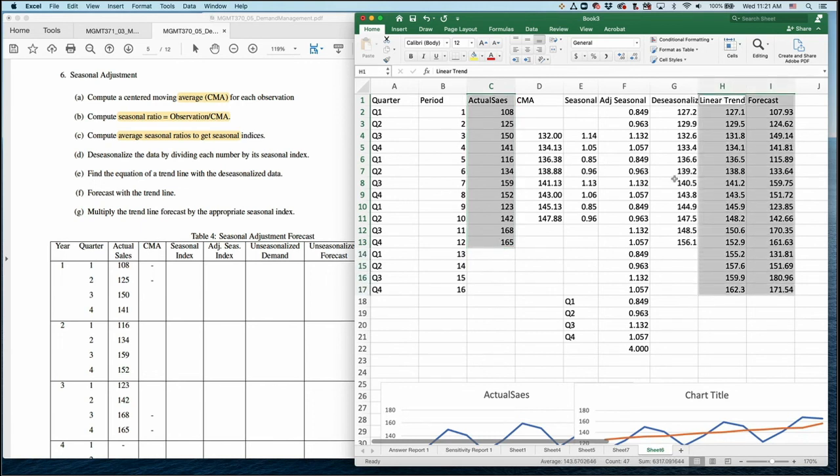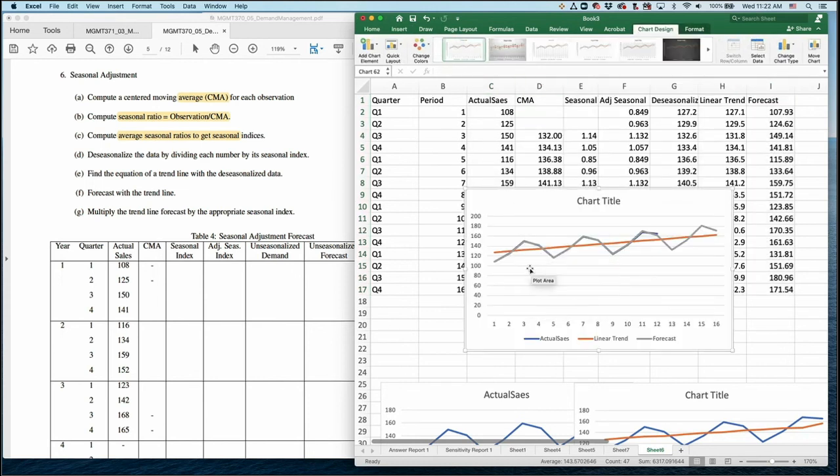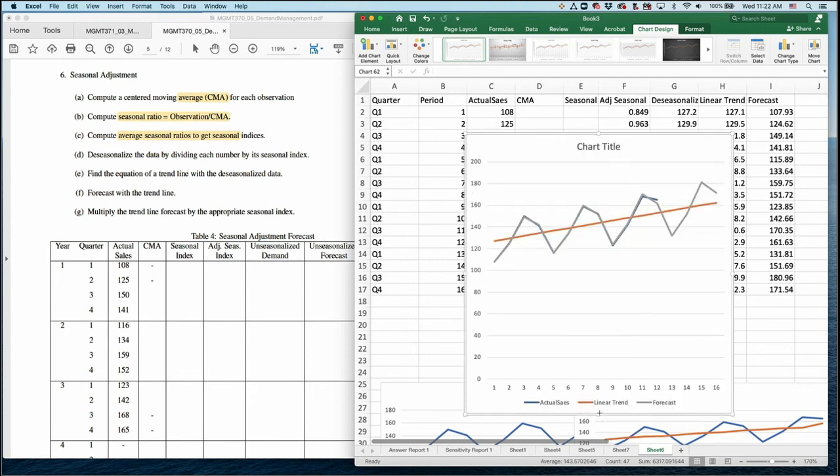Then if you look at this, the blue is actually very close to gray. So blue is our actual, and gray is our final forecast, right? And the green, yellow is our linear trend, linear forecast. So with this linear trend, we multiply by our seasonal factor exactly.